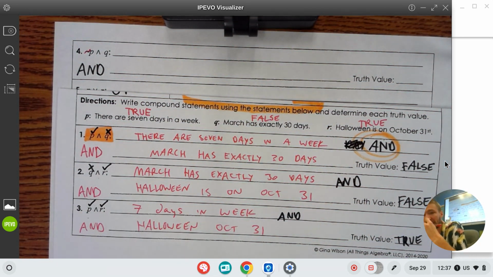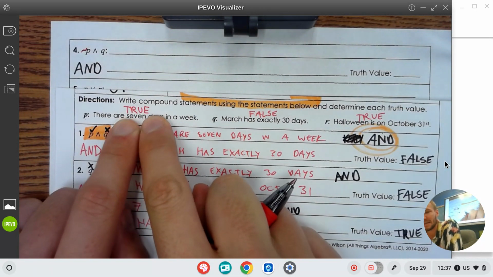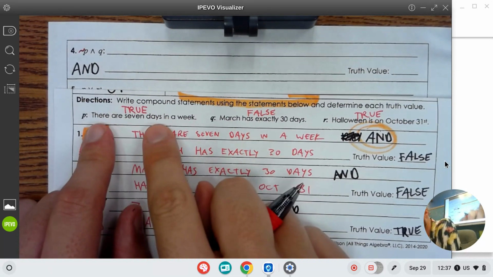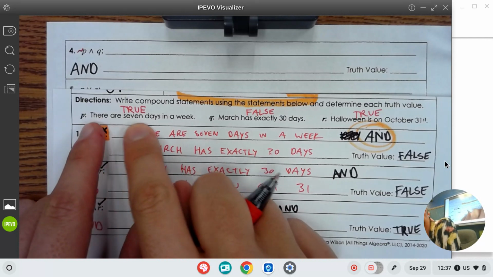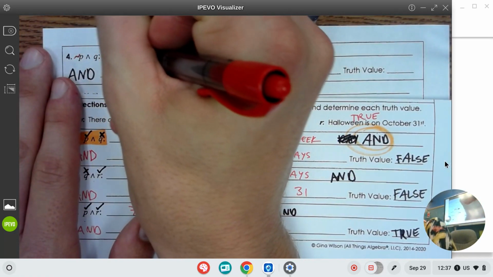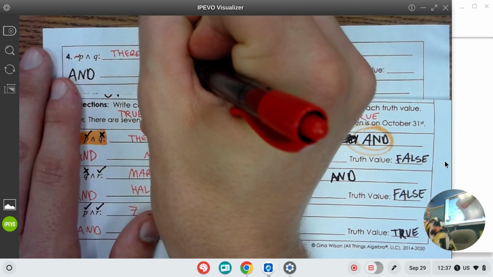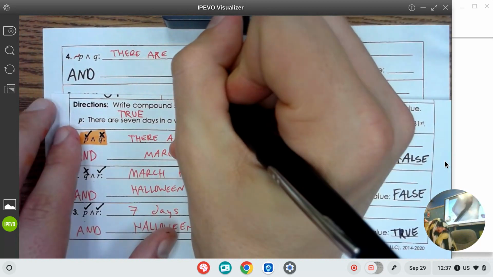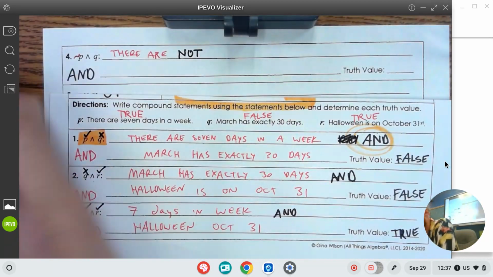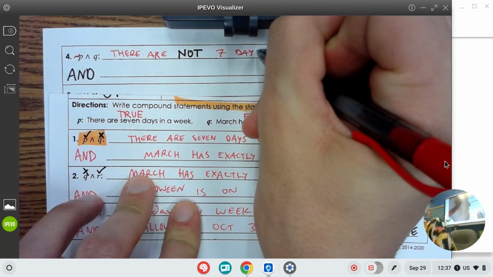So whatever P is, we need the opposite of P. P is true, so we need the opposite of that. Instead of there are 7 days in a week, this sentence should say, there are not 7 days in a week. You just slap a little not in there.